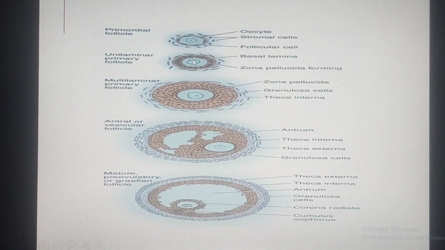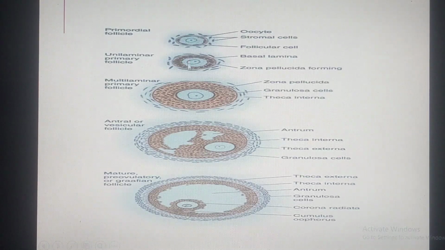But remember that separating the follicular cells from the connective tissue stroma will be a basement membrane, just like when you have any epithelial tissue. That's exactly what we find over here.